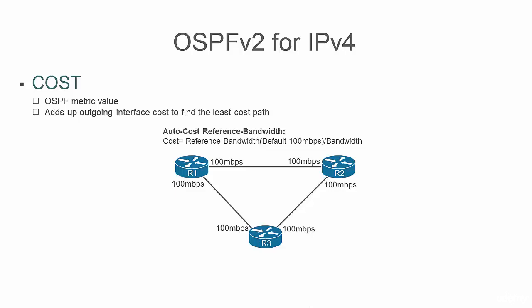Since our actual routed interfaces were 100 megabits per second, which is the same as the reference bandwidth, 100 divided by 100 is 1, giving us a cost of 1. The reference bandwidth value is of course configurable, and you want to make sure that if you have 10 gig links and 1 gig links that you adjust your reference bandwidth to be the highest possible bandwidth in your network.